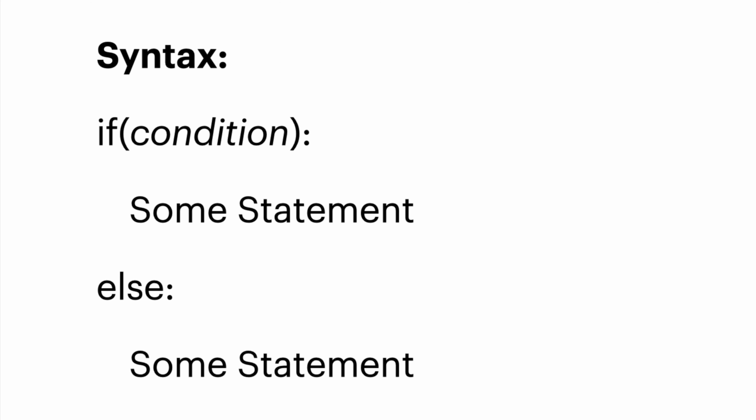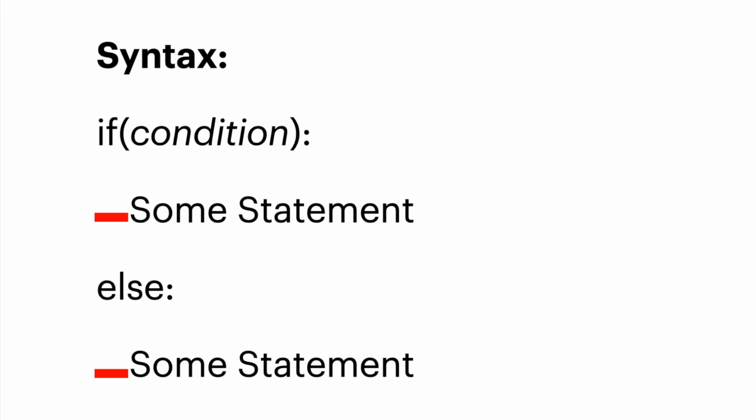Care has to be taken that there is a space or indentation after the if condition and also the else condition. This is the space that I'm talking about. Since Python does not support the use of curly brackets, we need to use proper indentation so that Python understands the scope of our code.